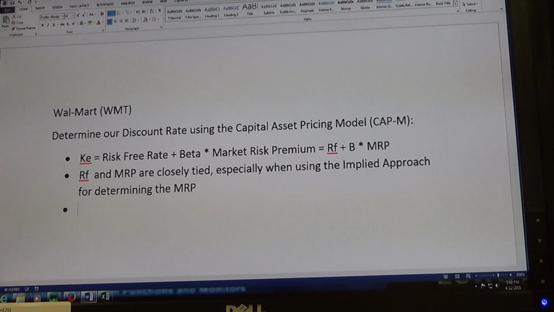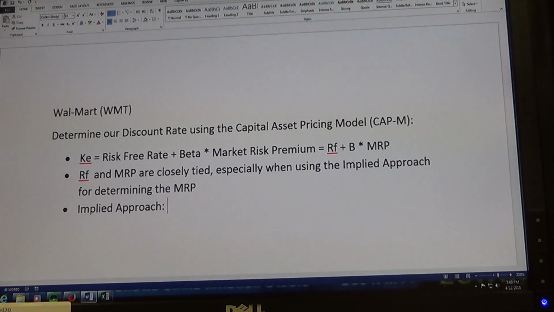Well, the implied approach is just one approach for coming up with market risk premium. Other approaches are the historical approach, which looks at historical returns on stocks and compares that to bond risk-free rates. There are other approaches that use corporate bonds, use the volatility index, but the implied approach is probably the most popular approach today and is frequently used by most asset managers in trying to determine the value of a stock.